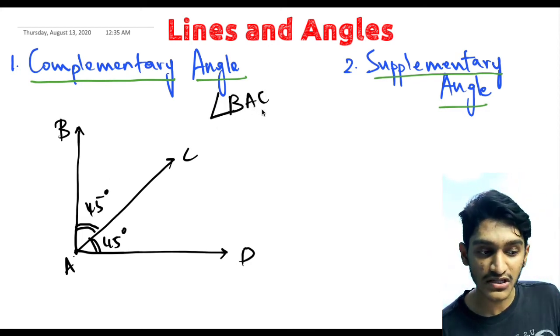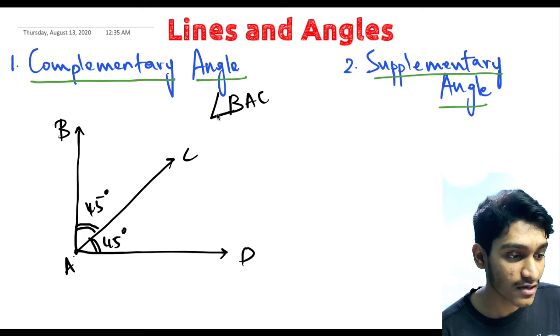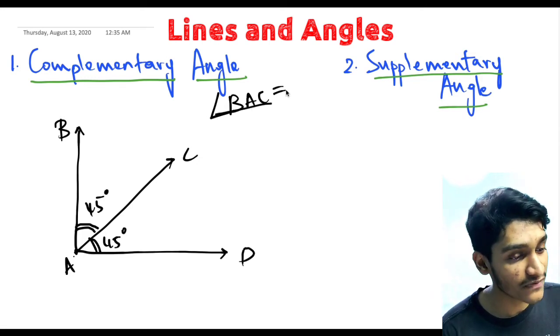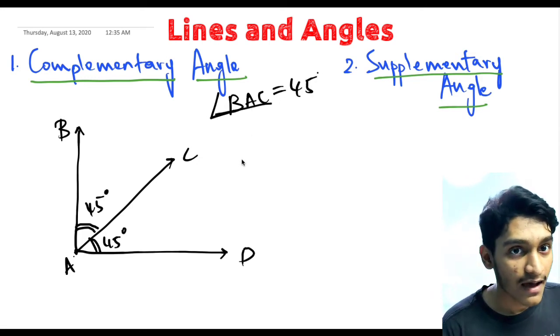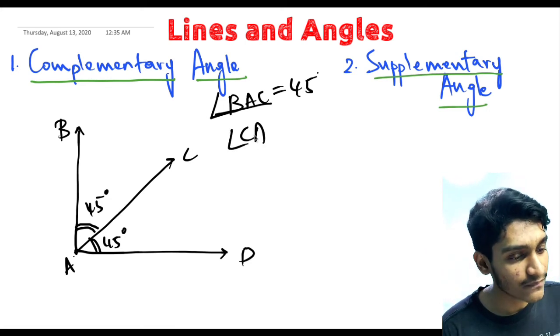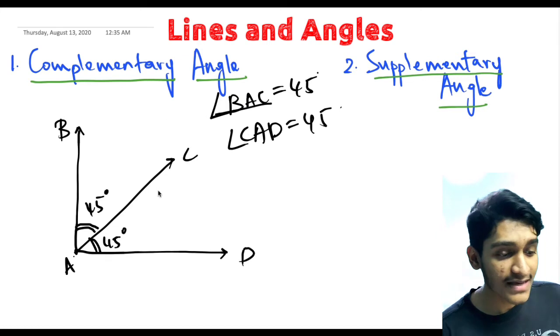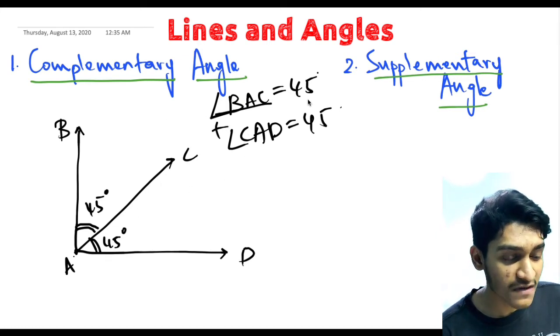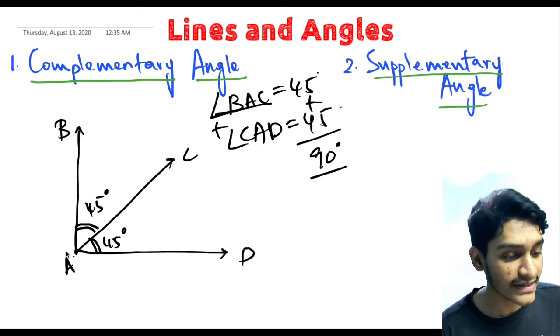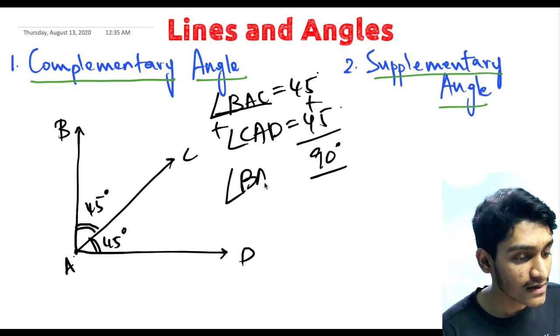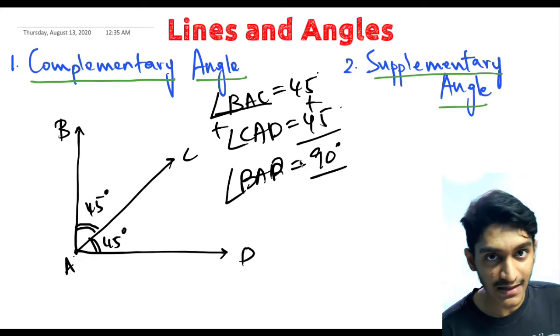Just remember the notation, I can mention angles like this. So angle BAC is equal to 45 degrees and angle CAD is also equal to 45 degrees. Now when I add these two, 45 plus 45 gives me an angle of 90 degrees, which is exactly angle BAD. So angle BAD is equal to 90 degrees.